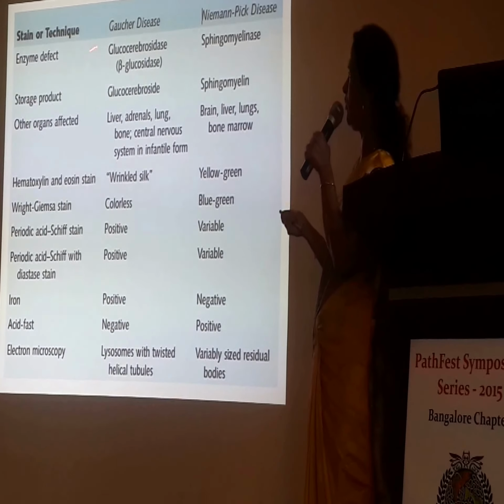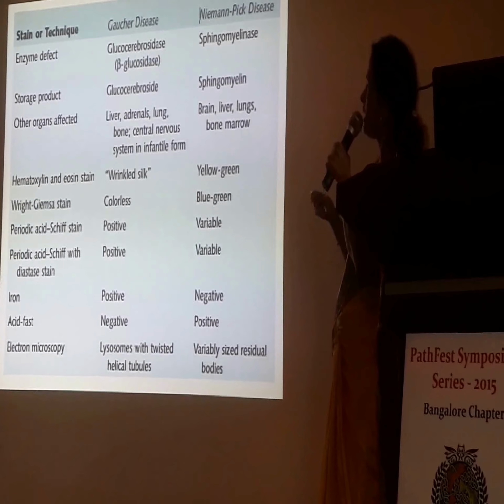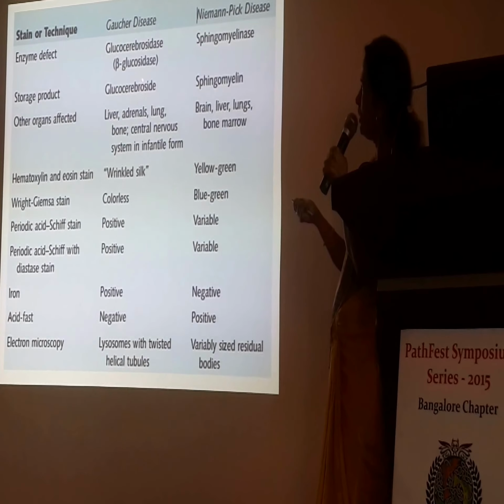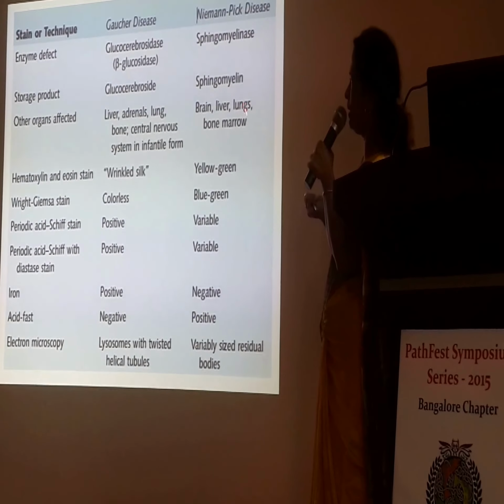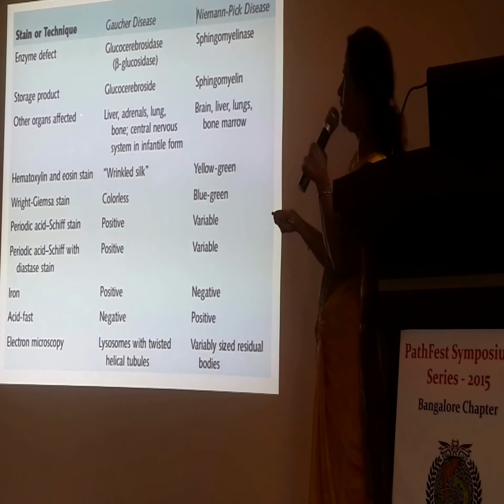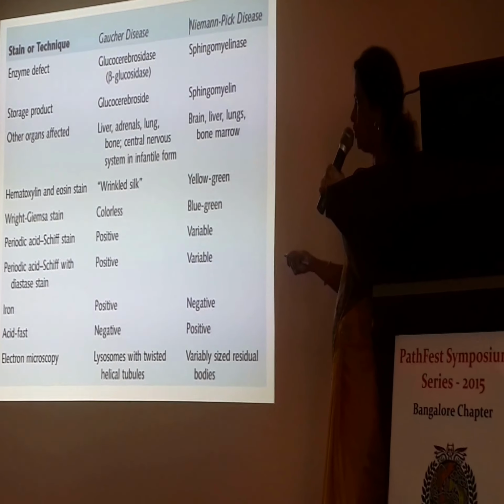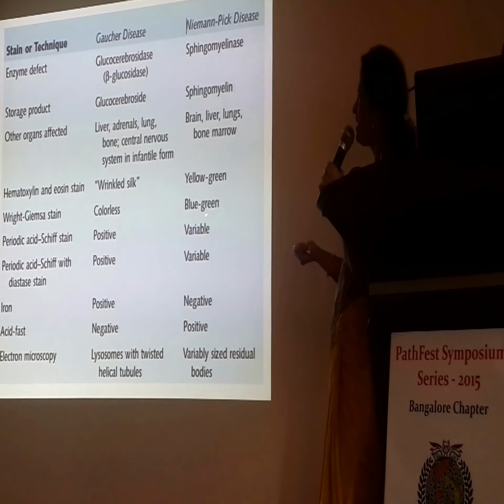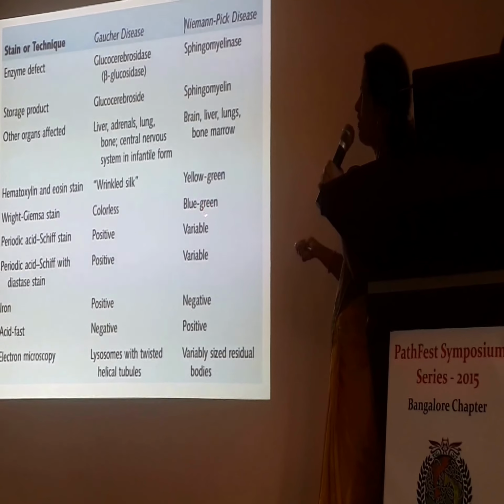So what is the enzyme defect in Gaucher's and what is the enzyme defect in Niemann-Pick? Storage product: glucocerebroside, sphingomyelin. Other organs involved: liver, adrenals, lung, bone, CNS in the infantile form. Here it's brain, liver, lungs and bone marrow. Then on hematoxylin, it's wrinkled silk or wrinkled tissue. Here it is colorless, but vacuolation is very important.